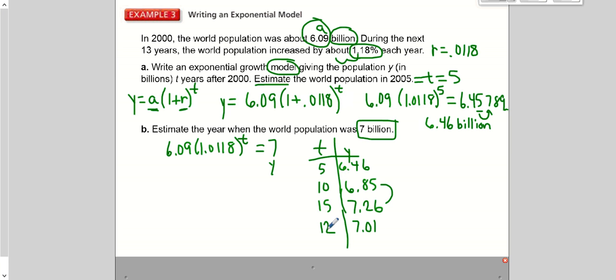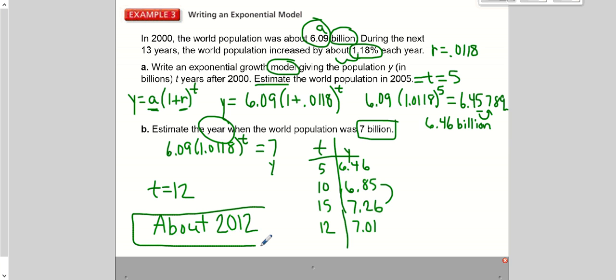So t is 12, approximately. We're estimating. So what year would that be? 12 years after 2000. That'll be right about 2012 when we cross 7 billion people.